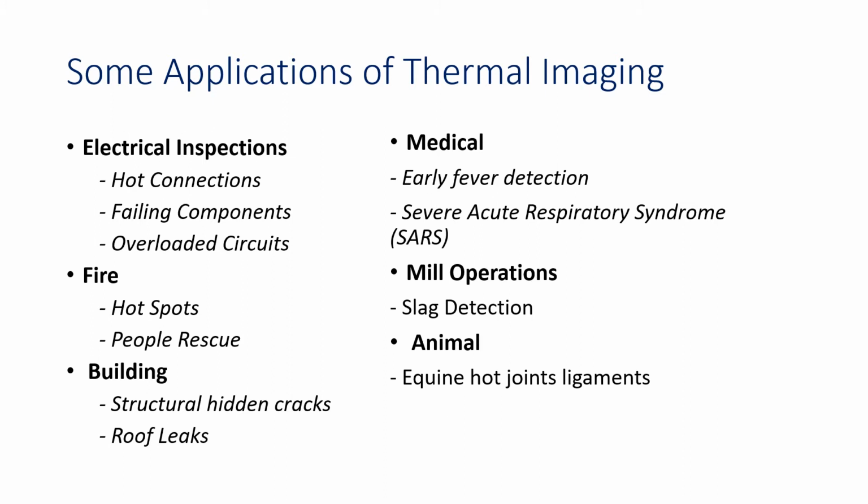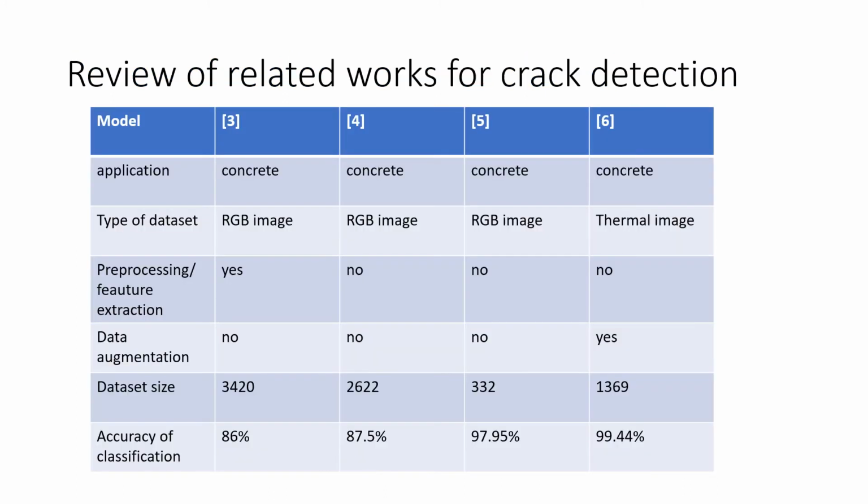For medical use, there are now many thermal cameras to identify our temperature, used for early fever detection of SARS or COVID, the severe acute respiratory syndrome. For mill operation, slag detection can also be done using the thermal imaging technique. And for animals, equine hotspot ligaments are also possible for this application.